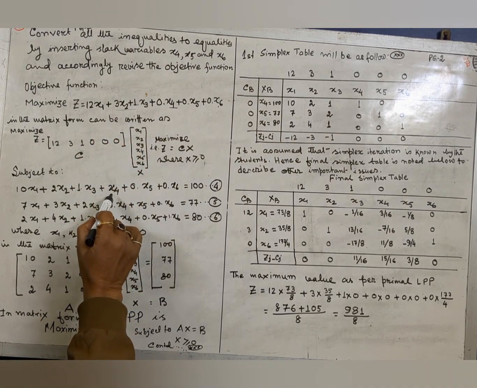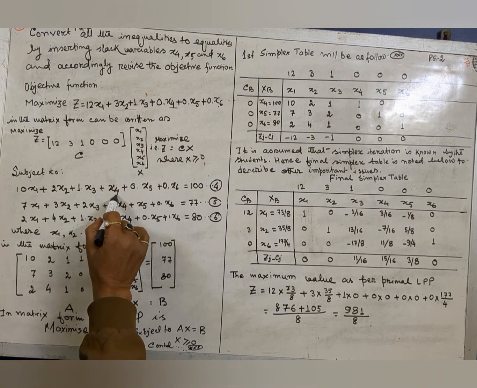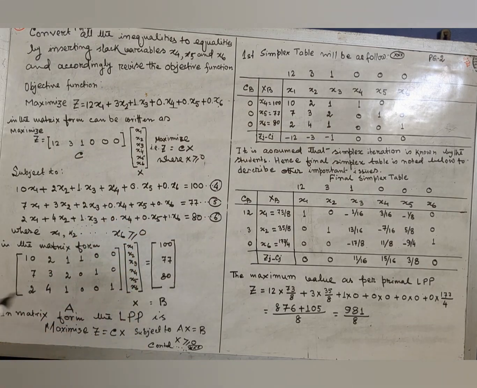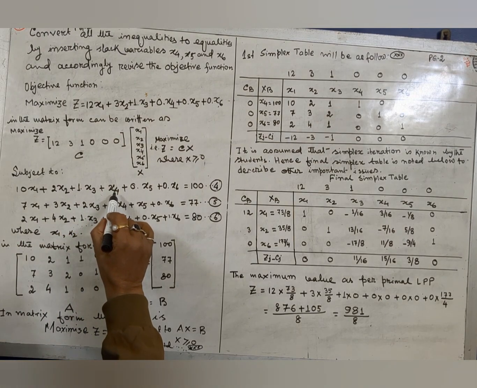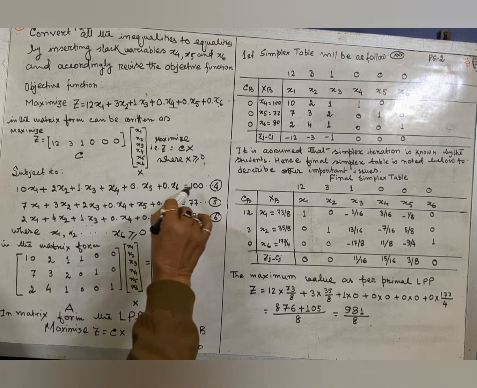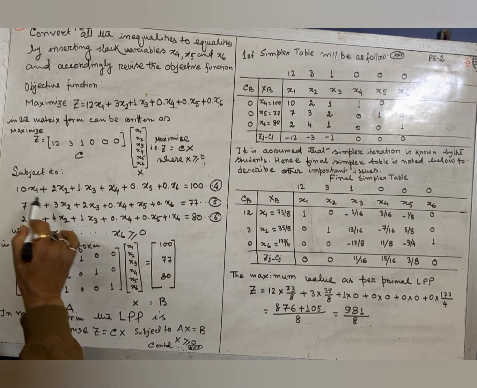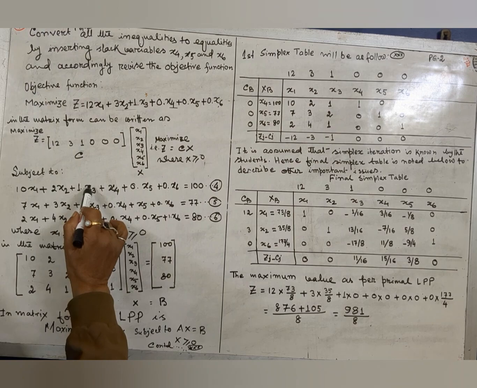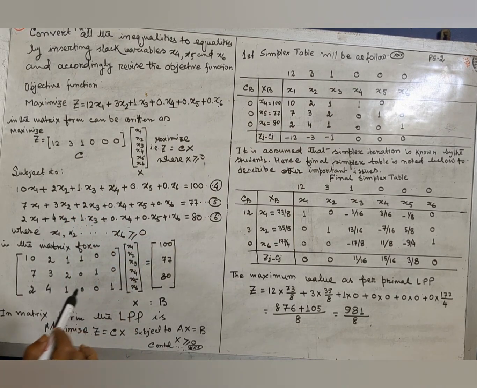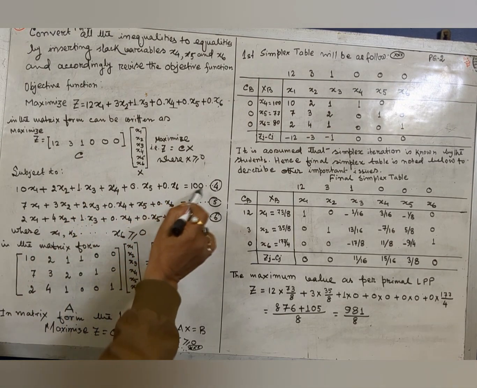Slack means the unutilized resources. For the first resource, in this case grinding machines, the excess hours is x4, which is not being utilized. If the total utilized is, say, 70 hours, then x4 will be 30 hours, to make it easy.